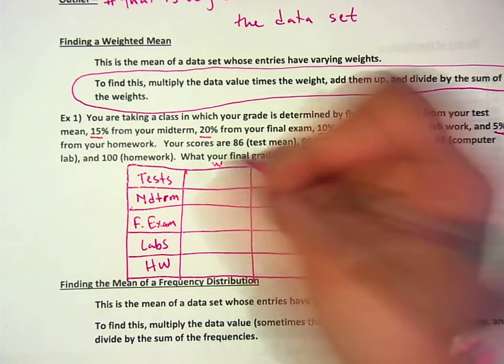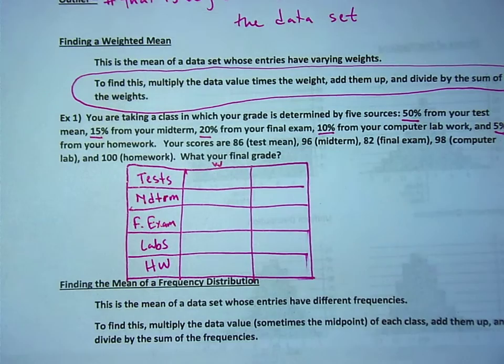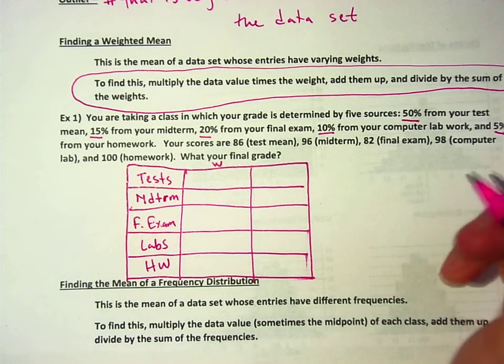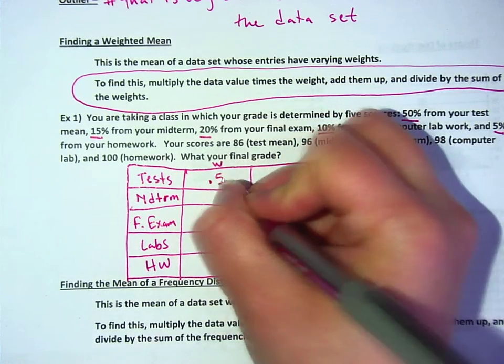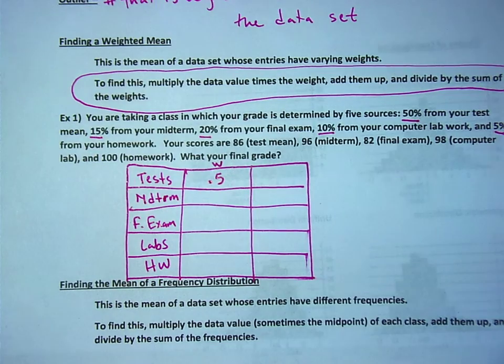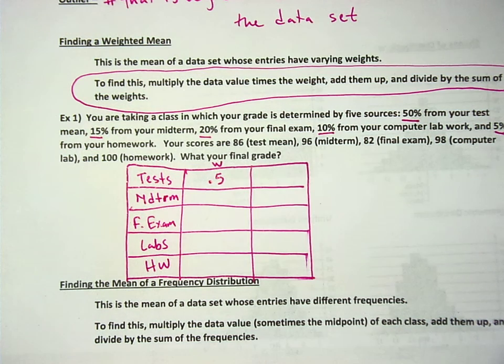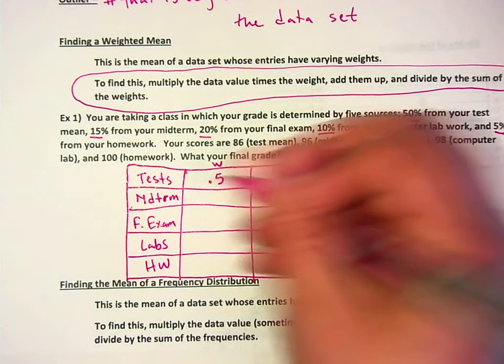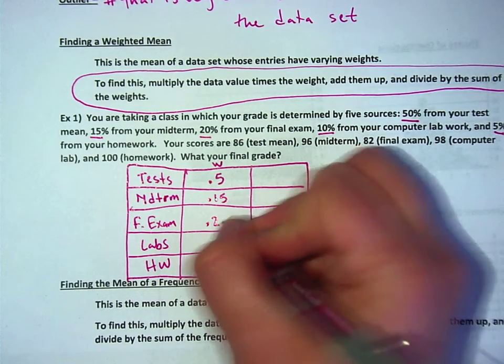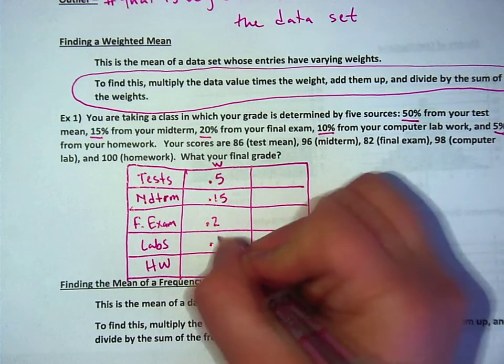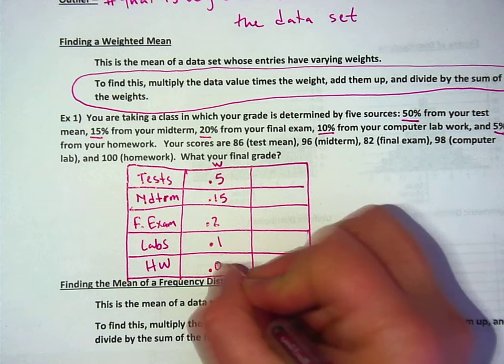And then I'm going to put a little W on top of this column for weight. It's what weight each one is. So like test would be 50%, but instead of writing 50%, I'm going to write 0.5. Then 15% for midterms, 20% for final exam, 10% for labs, and 5% for homework.